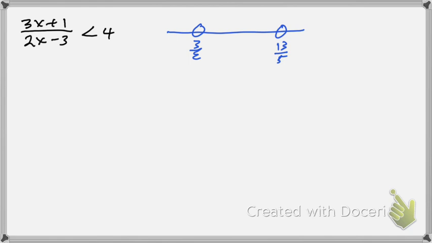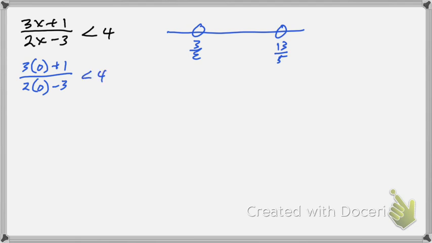I need numbers smaller than 3/2. 1 or 0, either one. I'd go with 0, because it makes it so easy to see. So I've got 3 times 0 plus 1 over 2 times 0 minus 3.